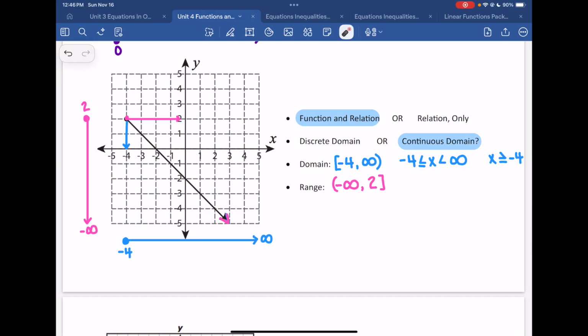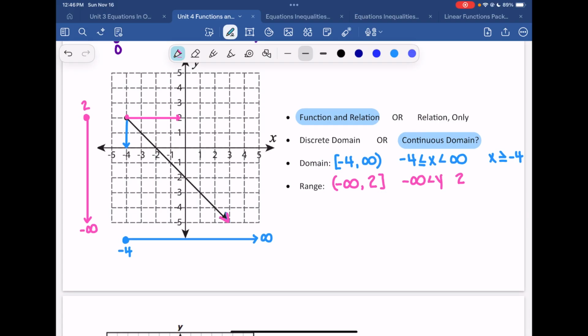Okay, if you wanted to write the sandwich, it would be negative infinity, y, and then 2 is the largest. So they both get less thans, and then the 2 is included, so that gets the equal to. And if the 2 had an open circle, then neither of them would have the equal to. Like, that's possible as well.